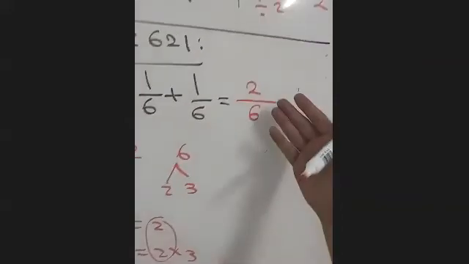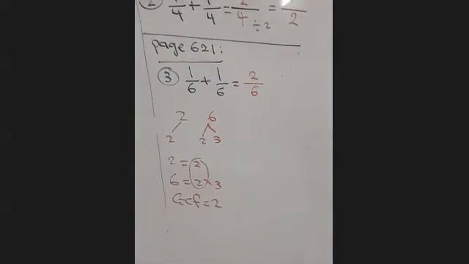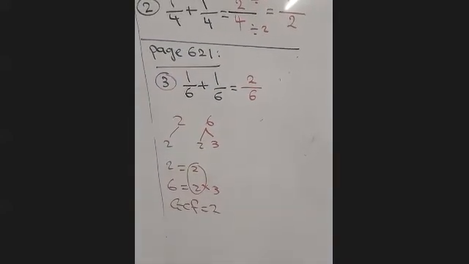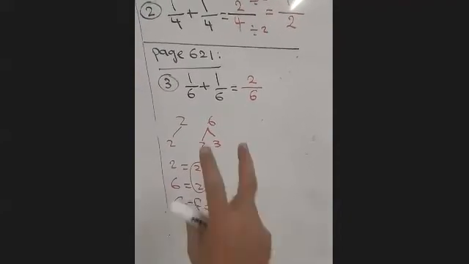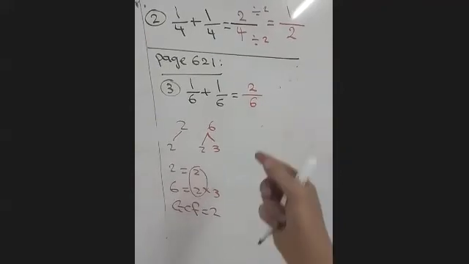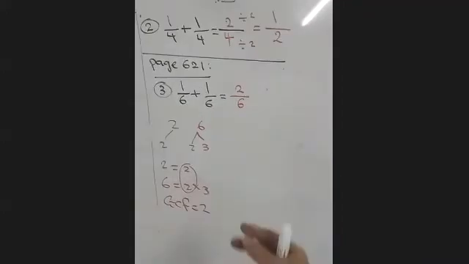What will we do to find the simplest form?